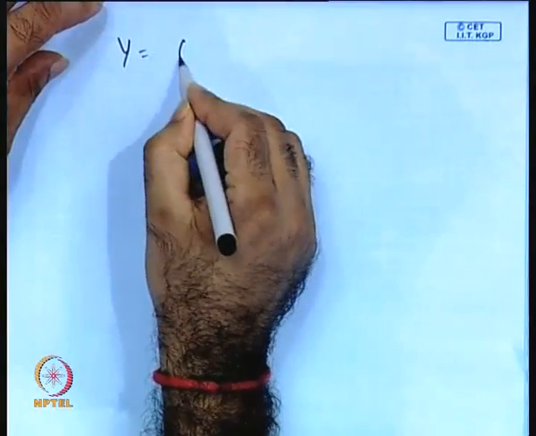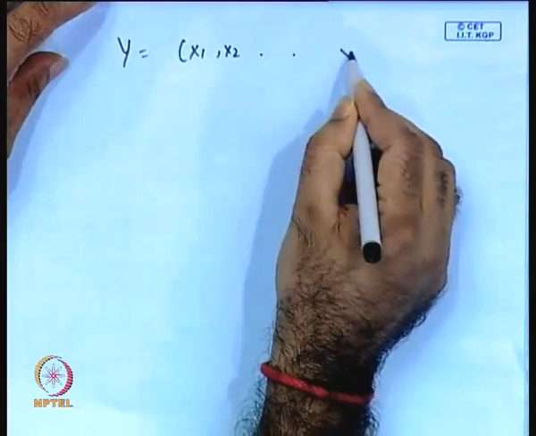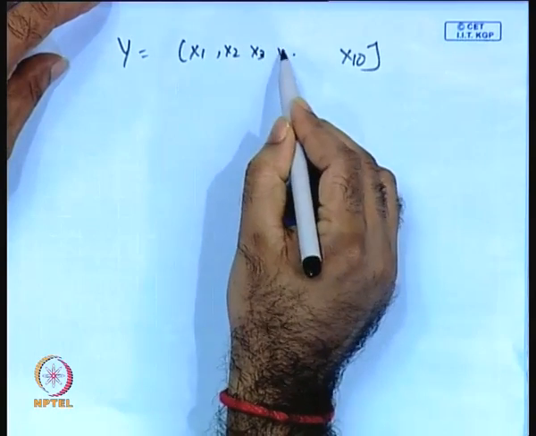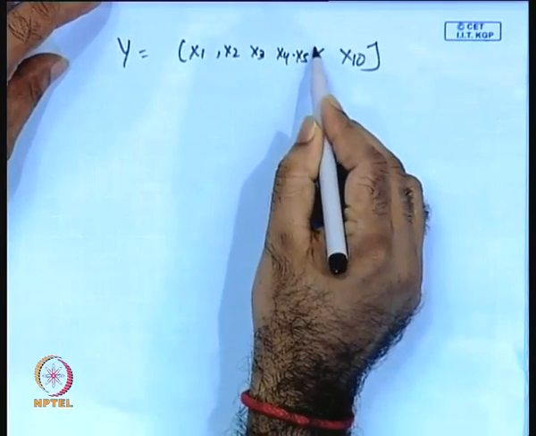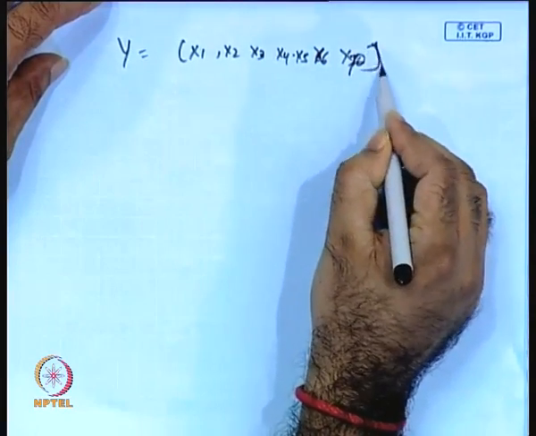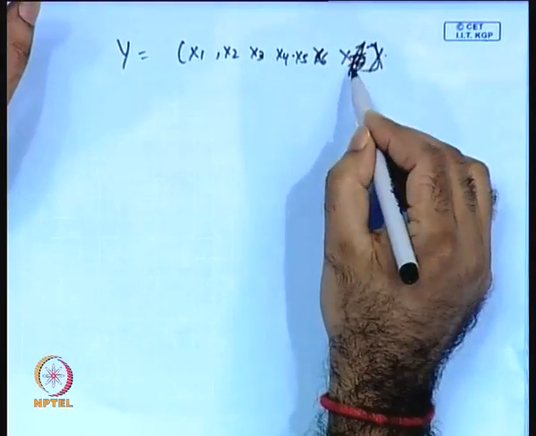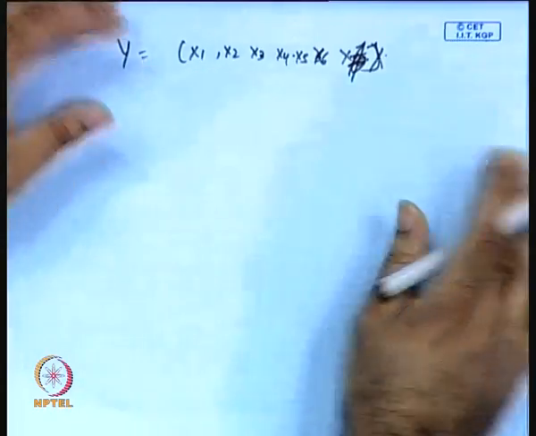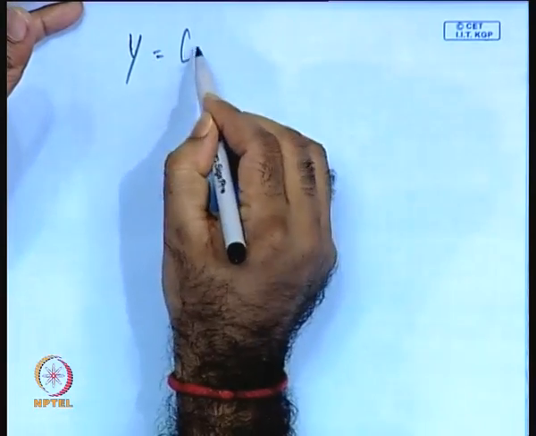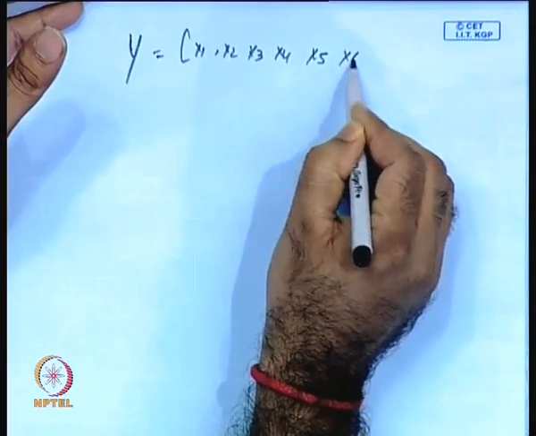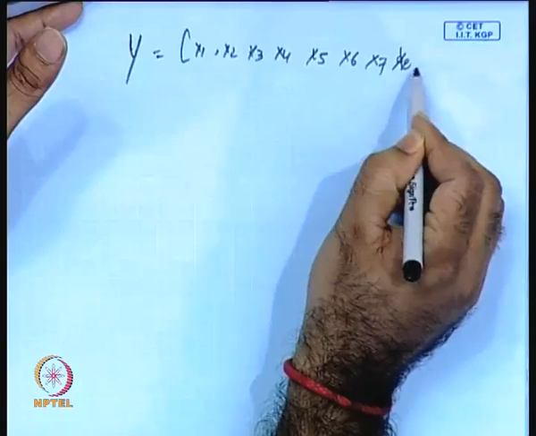So what you will do here is you have three different cases. Let us say y equals x1, x2, x3, x4, x5, x6, x7, x8, x9, x10.